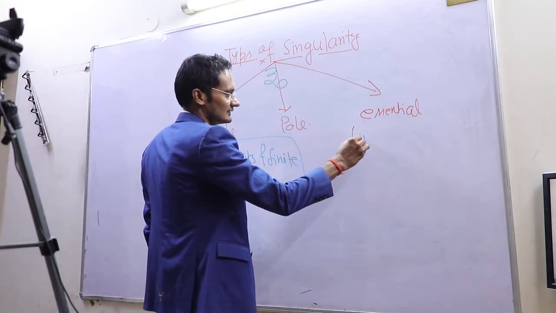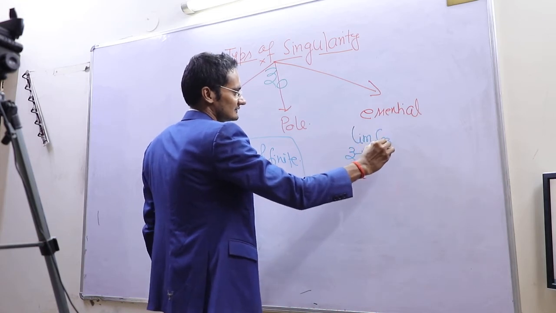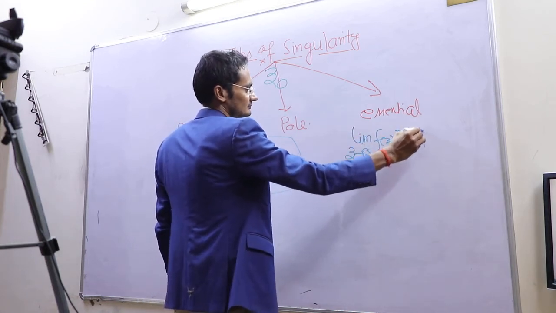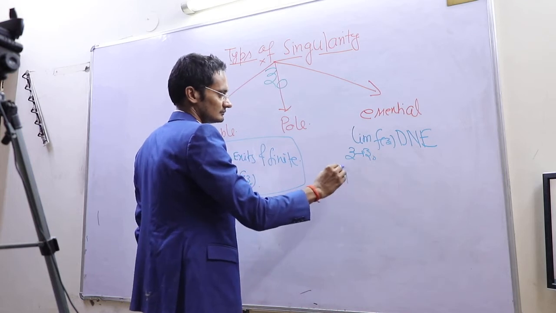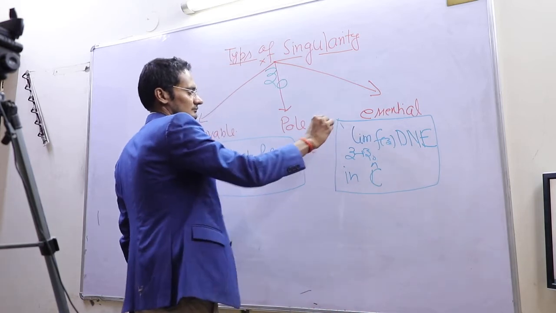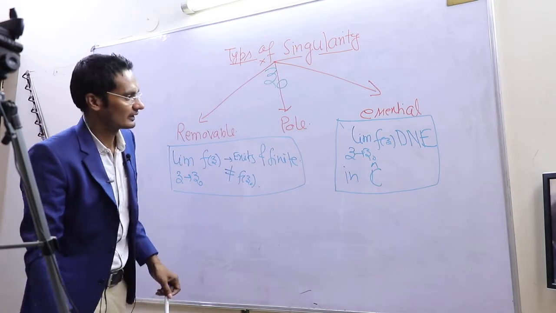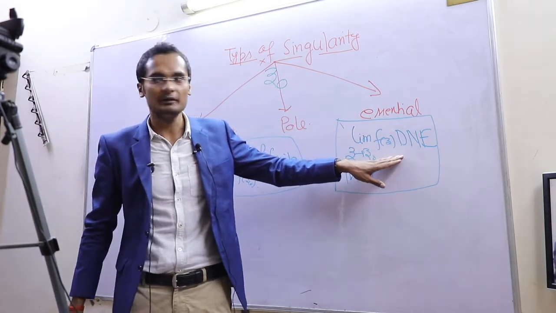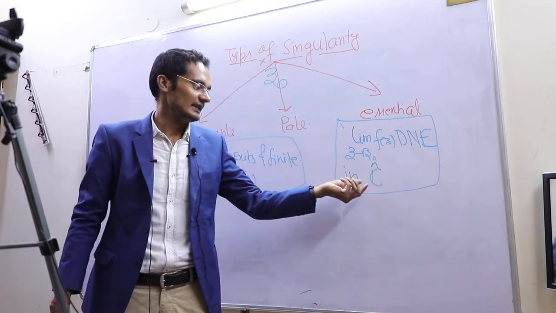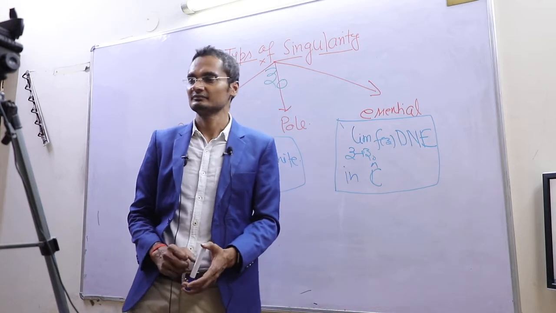If I calculate the limit as z tends to z naught of f z, and it does not exist in C hat, we say a function has an essential singularity at point z naught if the limit does not exist in the extended complex plane.